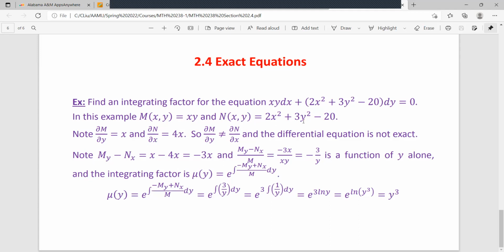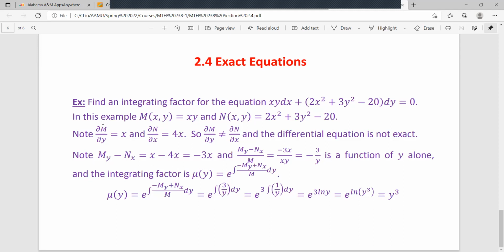So you just get 4x if you use the power rule. Other things are constant. So it's 4x. So obviously, partial M partial y and partial N partial x are not equal. So this equation is not exact. Remember, the condition for the equation to be exact is partial M partial y equal to partial N partial x.